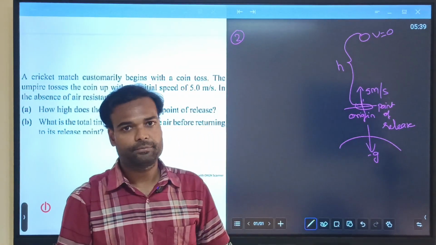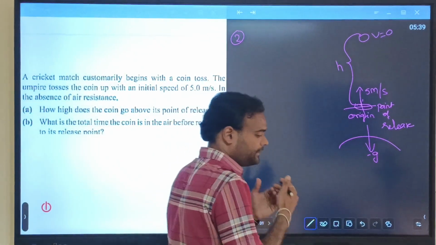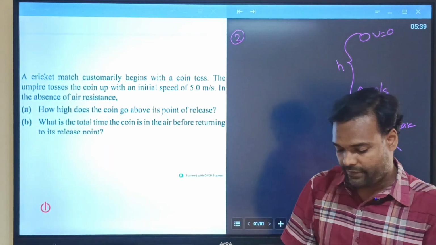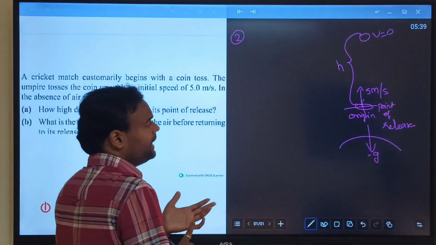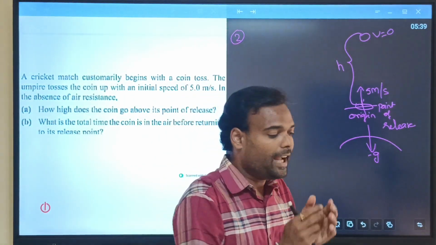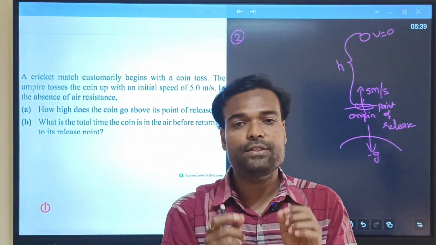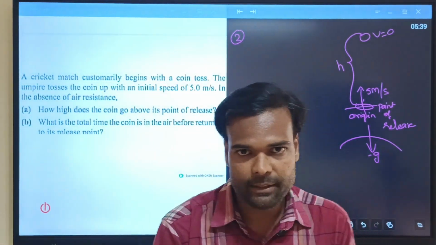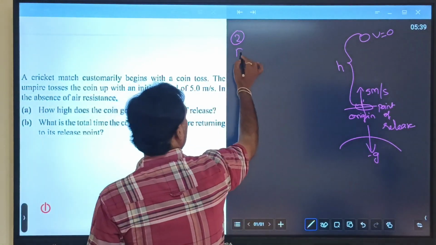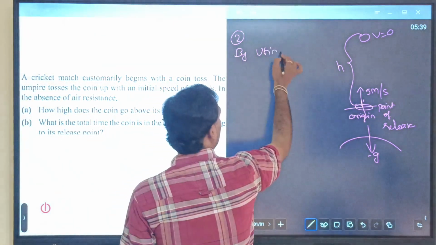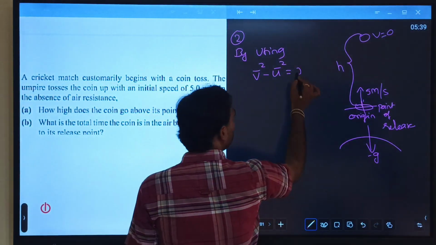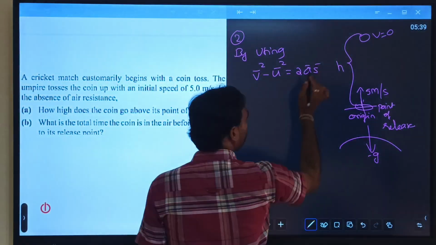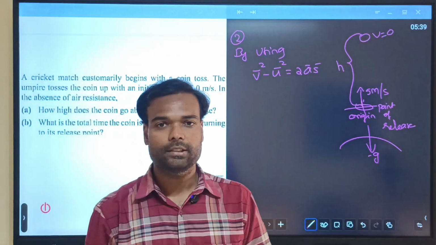This is question 1, right? Now again, initial velocity we know, final velocity we know, acceleration we know, and the h value they are asking us to find. Out of the given equations, which helps us very clearly? By using v square minus u square equals 2as, yes, by using this one.